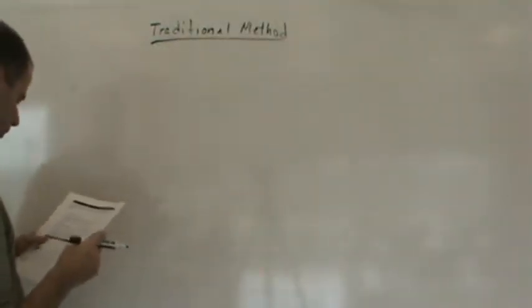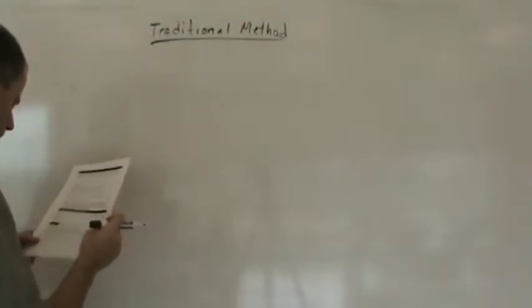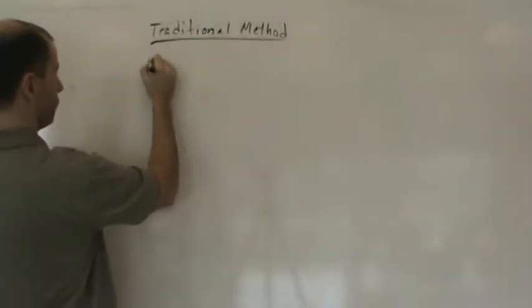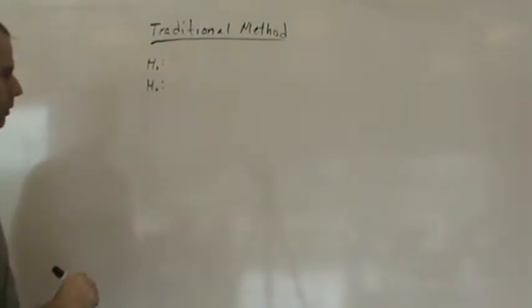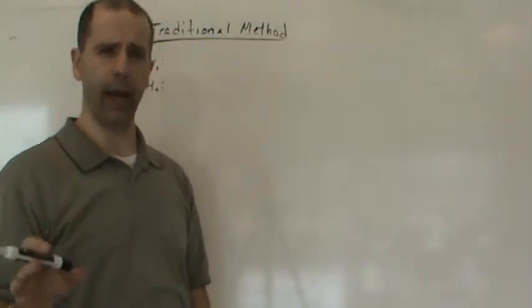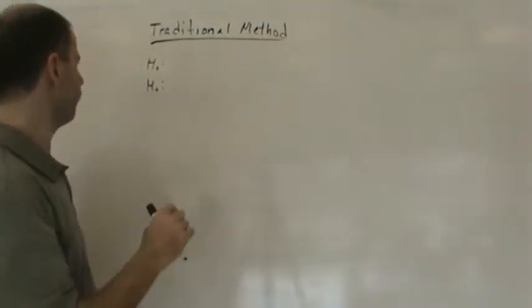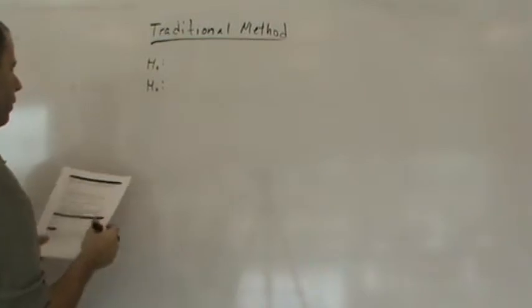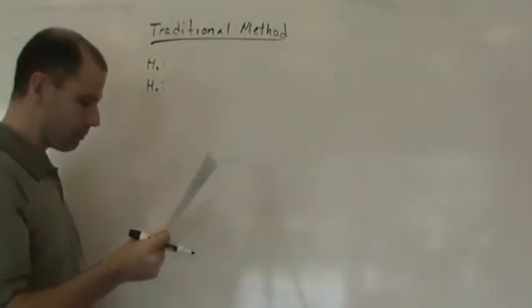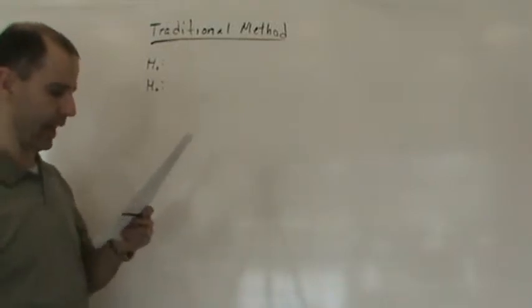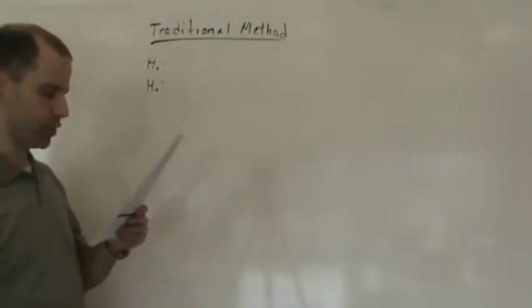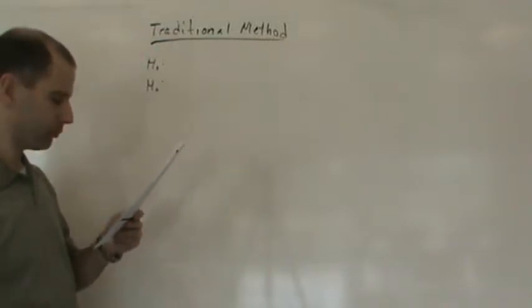So remember, we start with the null hypothesis and the alternative. Then we do our test to see whether we're going to reject the null or not. That's the test. Let's use this as an example. A certain computer component is known to have an average time of 520 hours between failures.